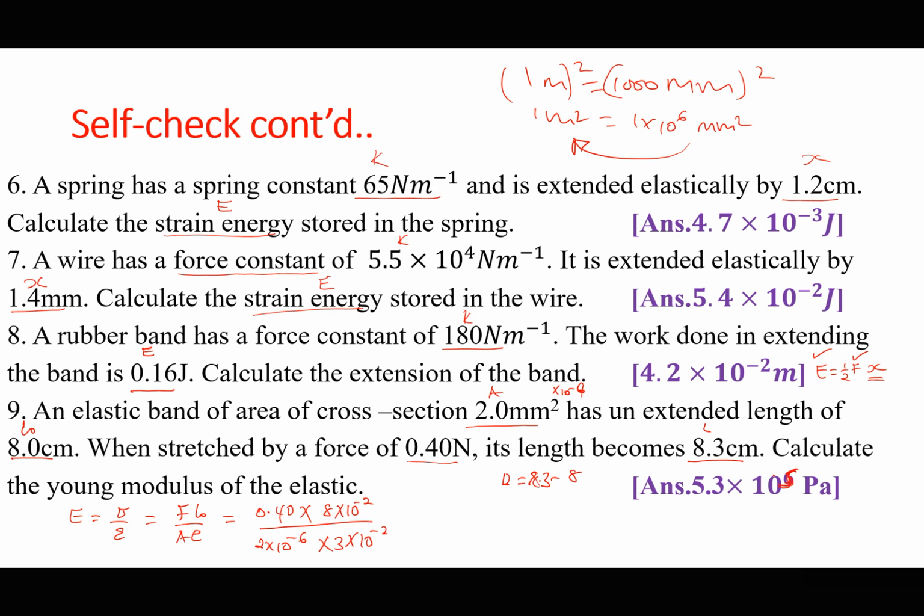So yeah, it is 6 because this is 0.3, not 3. So it is power 6 because this is 0.3 times 10 to the power of minus 2. The extension is 0.3.